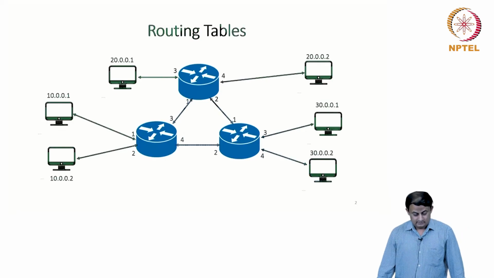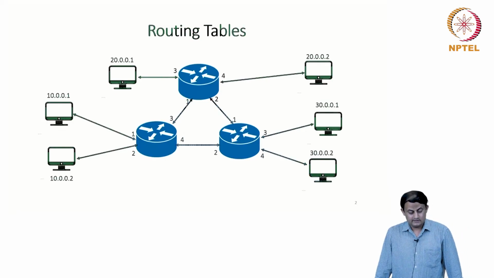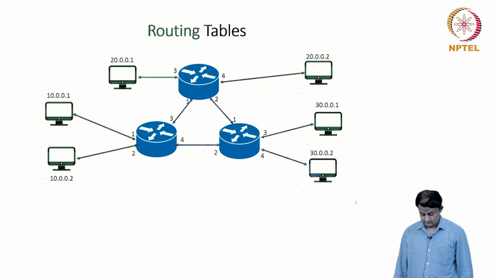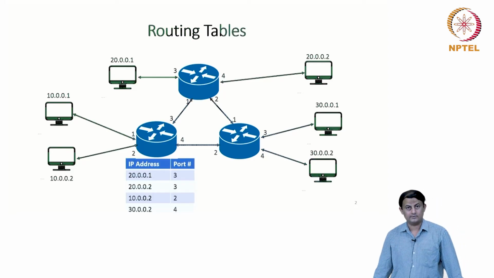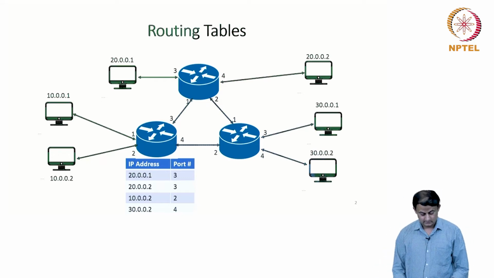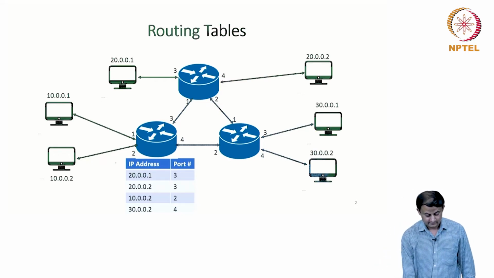So we saw last time a diagram similar to this. What you see here is a bunch of computers and 3 routers, and the IP address table, or the routing table, in the router looks something like this. This is a simplified version of the routing table.